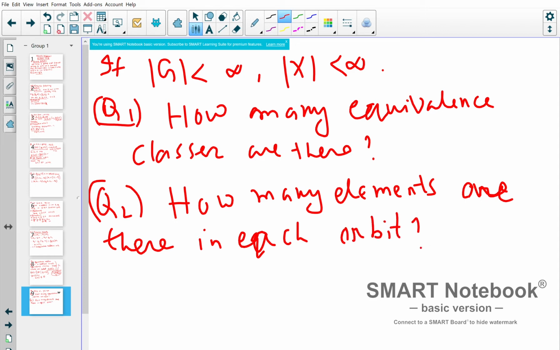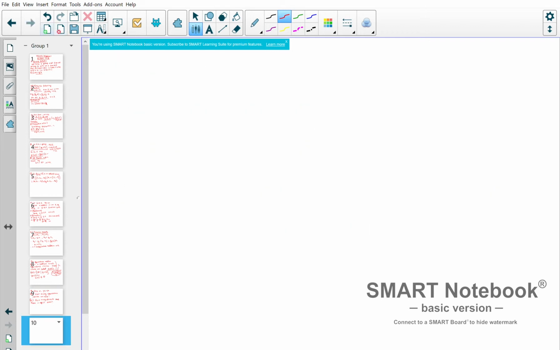This is a natural question to ask, because I don't know how many such things there are right now. So we need to find out whether we have a formula for counting the number of elements in an orbit or the number of equivalence classes.